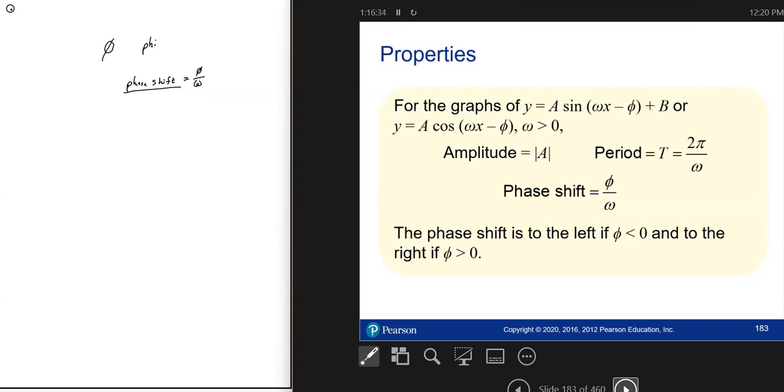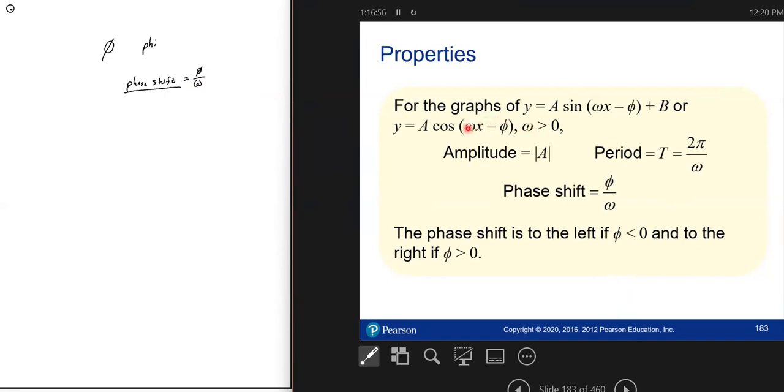And the amplitude is the absolute value of a, the coefficient of the function, and the omega is the coefficient of x. Please notice they state that omega is positive.